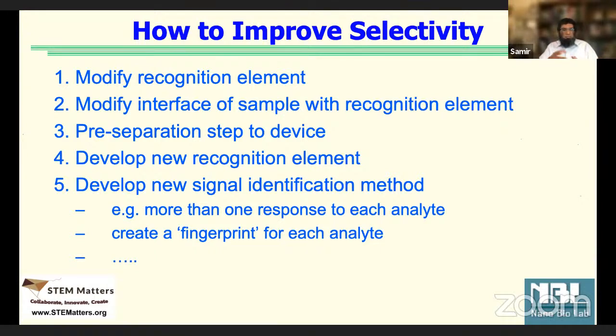So for example, quantum dots give more than one response to each analyte. Quantum dots give us that capability, same material but different wavelengths. You can take quantum dots of different sizes and separately functionalize them with different recognition elements, and then mix them and inject.